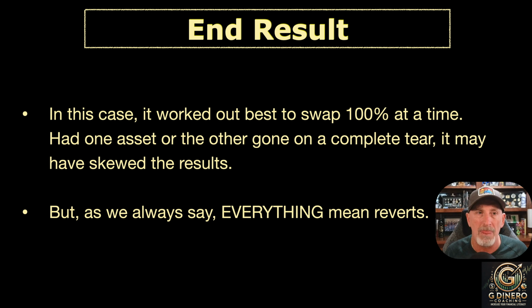But in this particular case, it worked out perfectly to swap 100% one direction and then 100% the other direction, and doing it on a cadence of approximately every couple of months, because we're on a 4-hour chart that we started off on, and the signal basically came approximately every 2 months, because there was about 8 of those signals over the course of 13 months. So not quite. It was like every 6 weeks or so, 8 weeks.